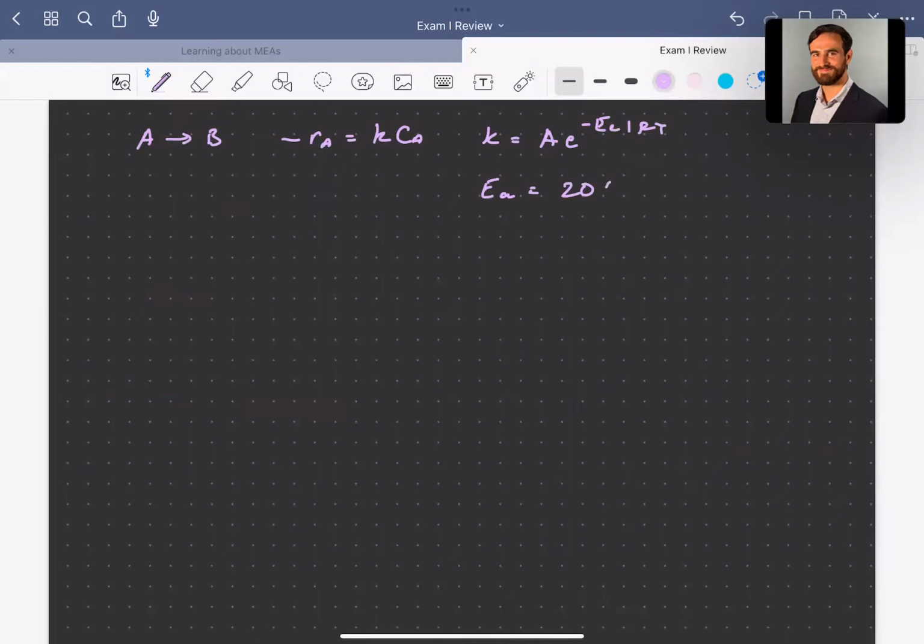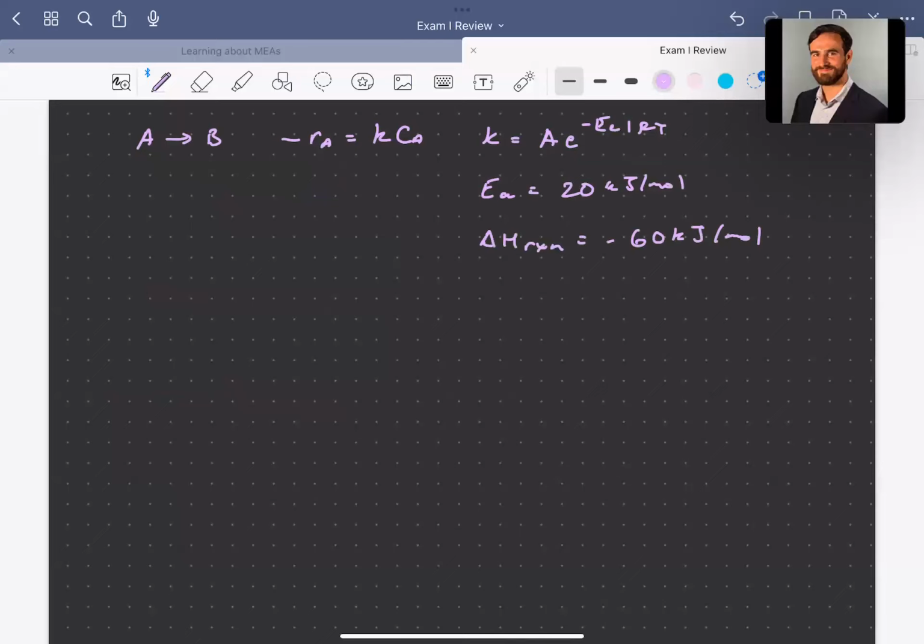So let's say it's 20 kilojoules per mole. And we have delta H of reaction being equal to minus 60 kilojoules per mole. This is an exothermic reaction. And we might want to, say, plot the temperature, volumetric flow rate versus position in the reactor or residence time tau.